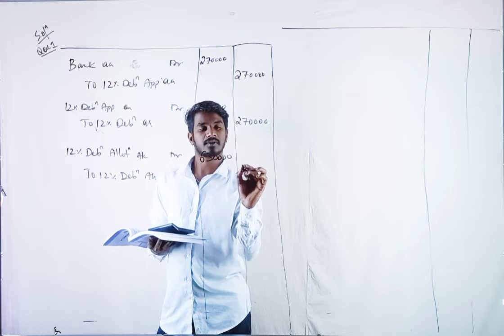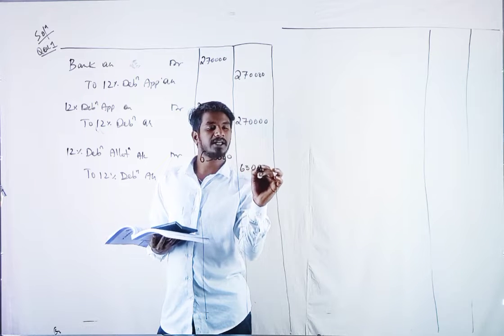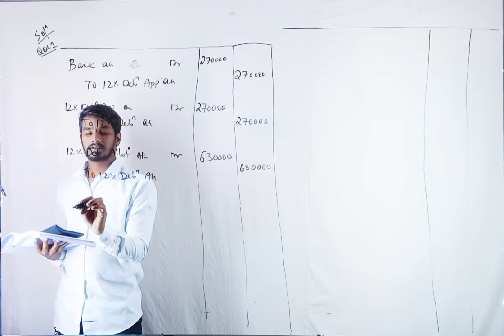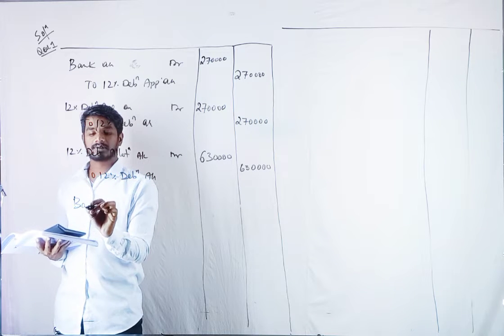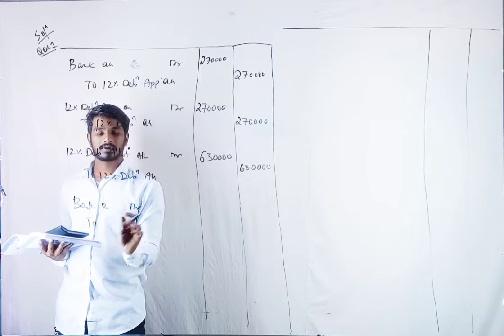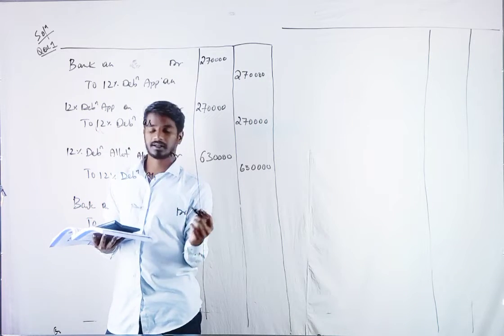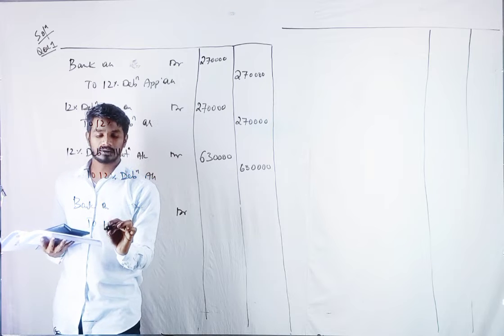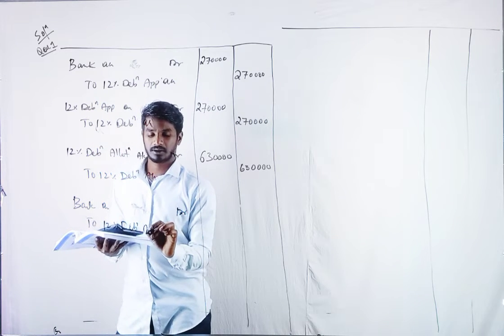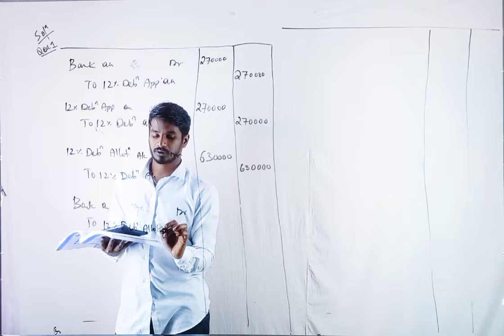6,30,000. We are making it due, and at the time of receiving, we will debit the bank account to 12% debenture allotment account, 6,30,000.